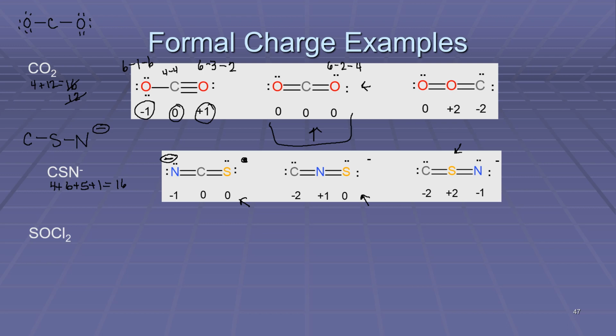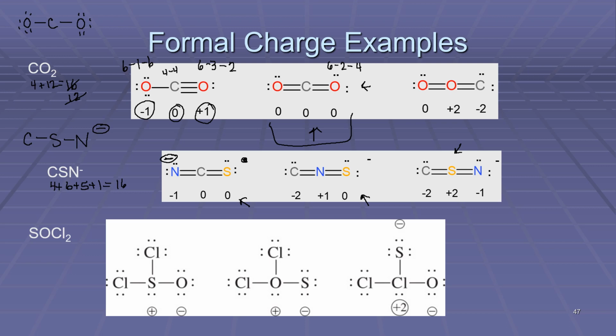And this is actually very similar to the one we did earlier, where I just told you to make the double bond to O because it likes to make 2 bonds and Cl doesn't. Well, we can use the same ideas here. So the S is 6 plus another 6 plus 14 is 26.